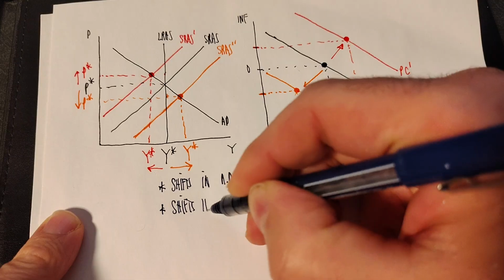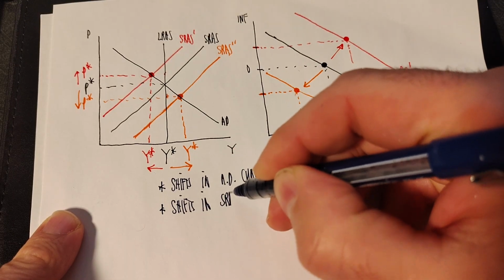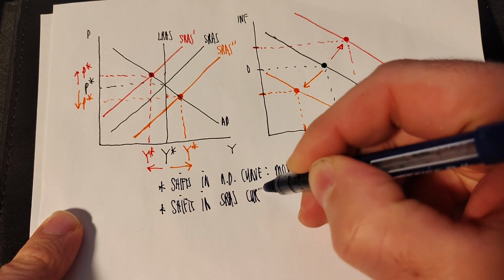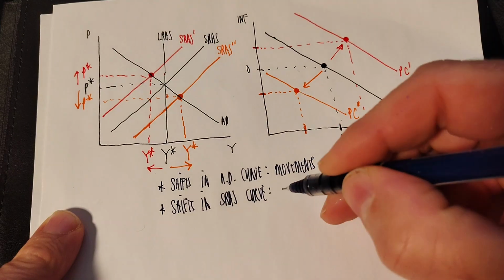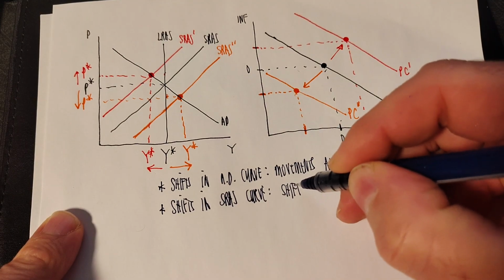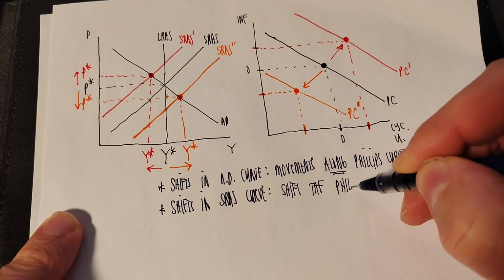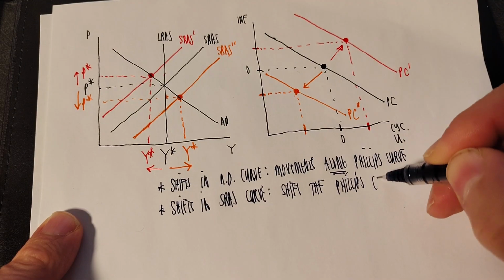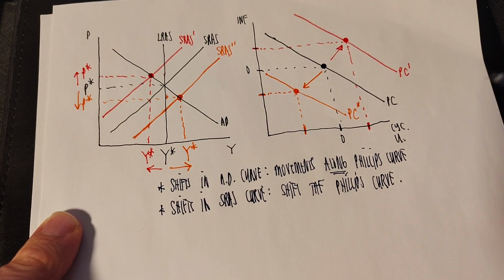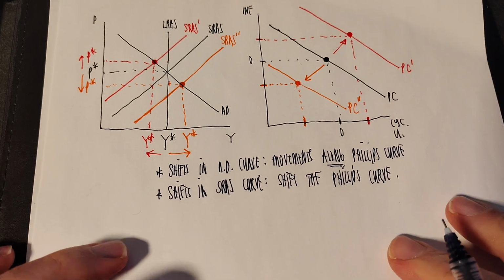Shifts in the short-run aggregate supply curve, those will shift the Phillips curve. All right. Now make sure you don't confuse those two.